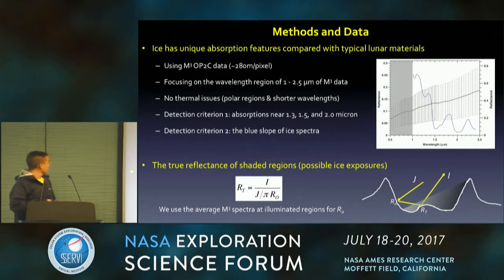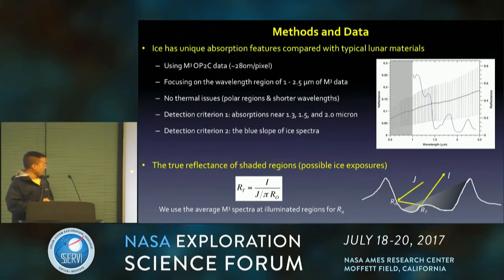I want to note that we have to calculate the true reflectance at the shaded region, as we heard from Tom. Ice is not stable under sunlight, so it must be in the shaded region.